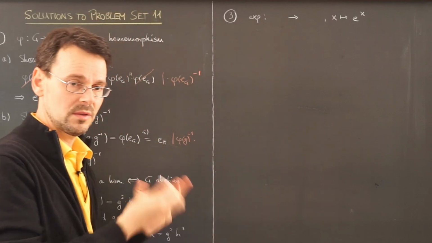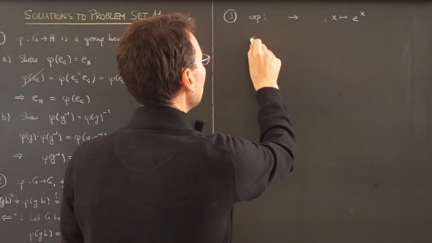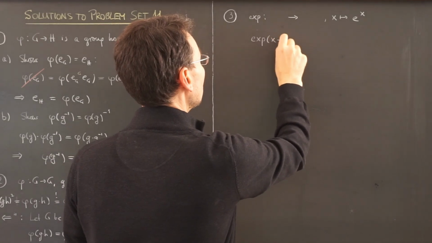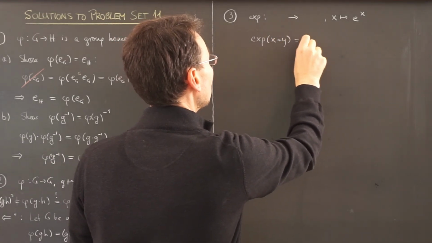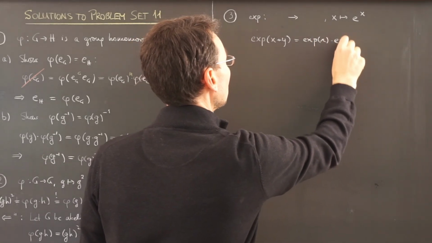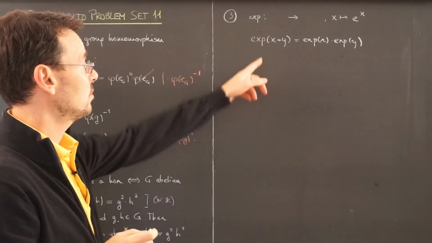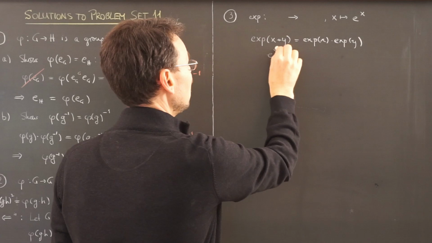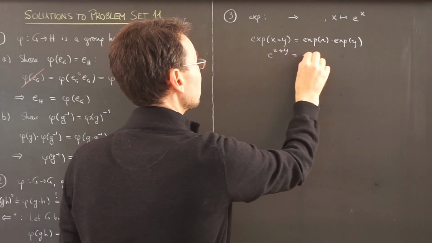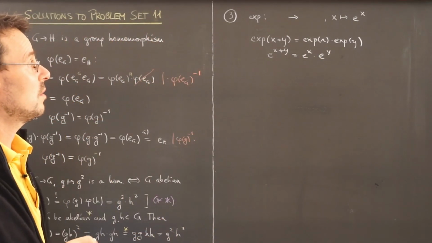This doesn't seem to fit with our algebraic approach here at all, but remember that there is this well-known power law for the exponential function, namely that e to the x plus y is the same as e to the x times e to the y.